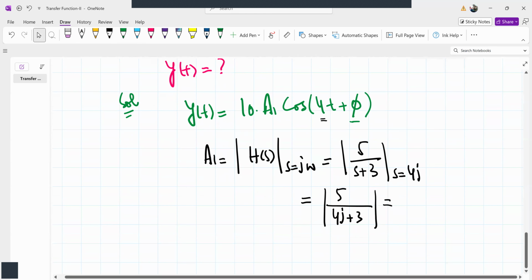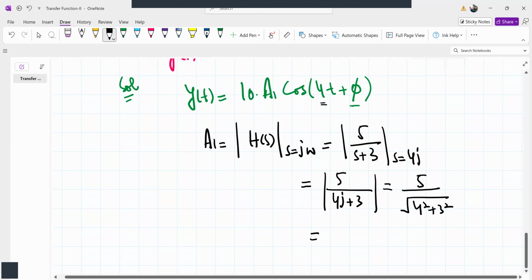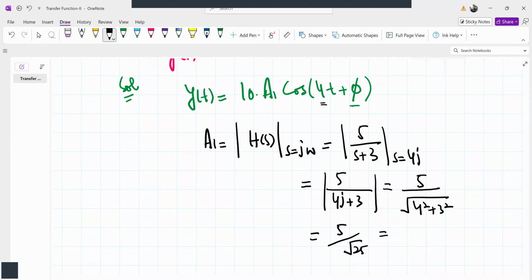These are complex numbers. So magnitude of numerator will be simply 5 because this is the real quantity. Magnitude of denominator will be simply under root of 4 square plus 3 square. 4 square plus 3 square is 25, under root of 25 is 5. So it will be actually 5 divided by 5. So that's equal to 1.